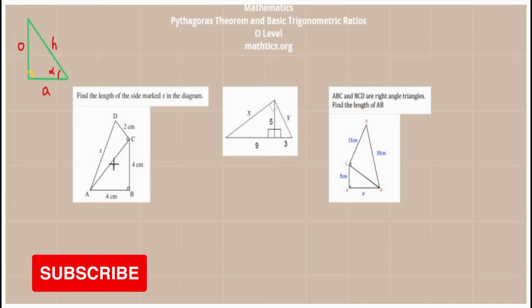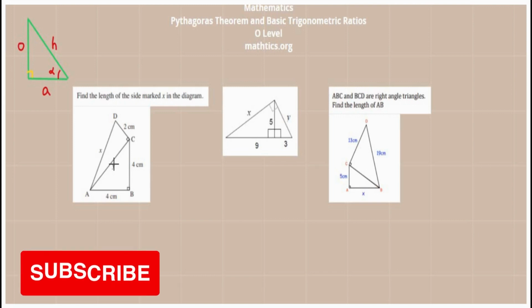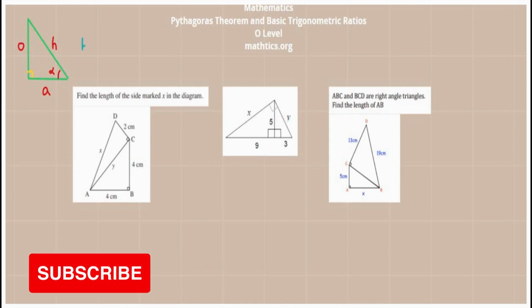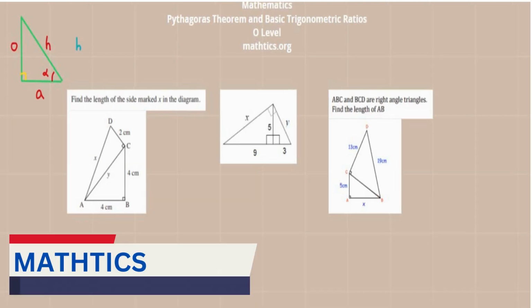So if this is the situation, we have these three sides, then according to the statement of the Pythagoras theorem, hypotenuse square will be equal to the sum of the squares of the other two sides, like opposite square plus adjacent square. This is the statement of Pythagoras theorem, or you can say the formula.